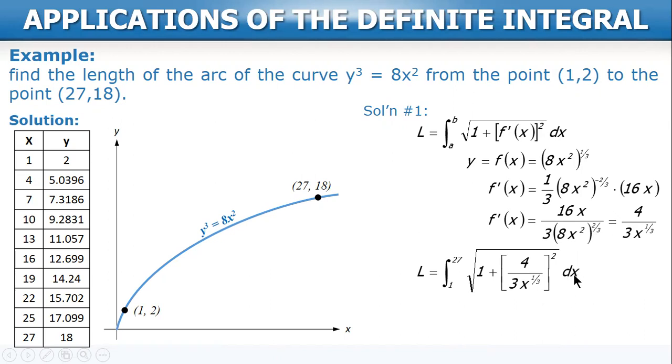Since it is with respect to dx, the limits are from 1 to 27. Okay, so to simplify, you can square the numerator and denominator. And then the next part is to get the LCD.